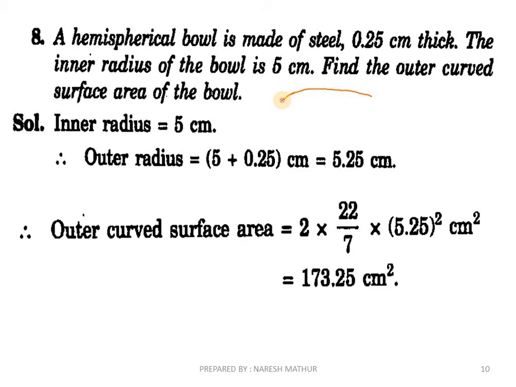Alright, let's say this is a sphere, and we are given the inner radius as 5 centimeter, and this one is considered as thickness, that is given as 0.25 centimeter.